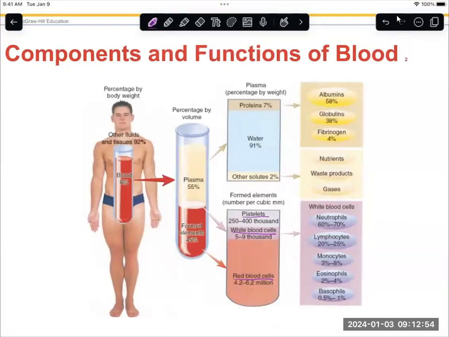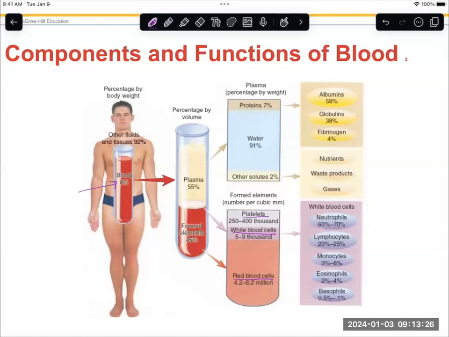When we first draw blood out of somebody, this is what we see. The whole thing looks red, but once we put it through a centrifuge where we can spin it, this is where we get this separation of formed elements, those red blood cells, white blood cells, platelets, and then the rest of it is that plasma, water, proteins, and just other solutes that we're going to find in there.